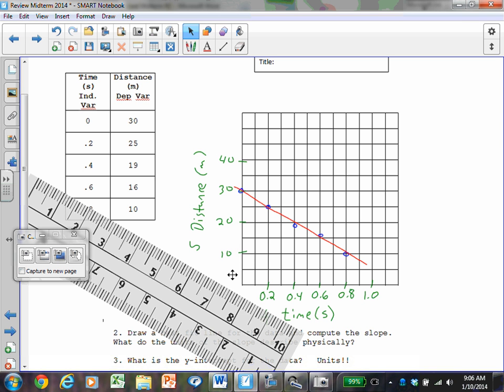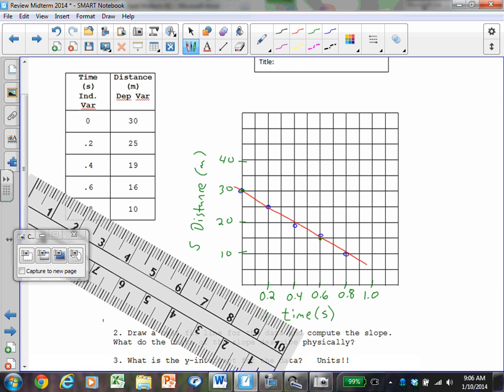You could choose data points if they fall on it, but it could be that none of your points actually fall on the line, so you have to pick points that are not data points. I'll pick this point right here. It's not an actual data point, is it? And I'll pick the one right there too, because that's the easiest.